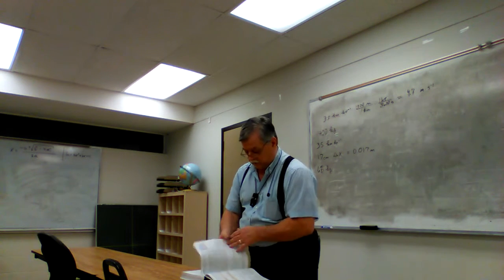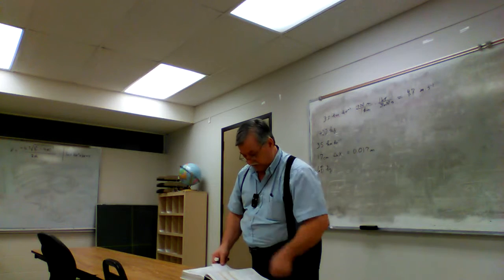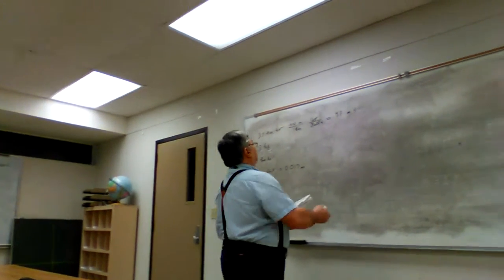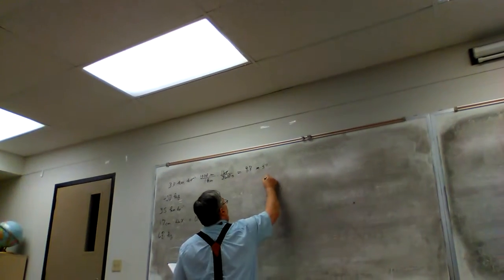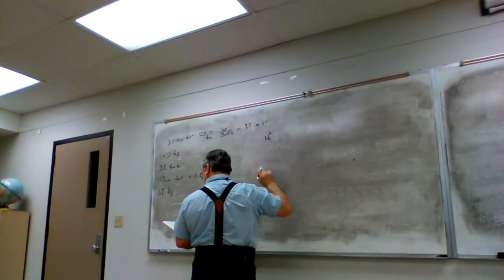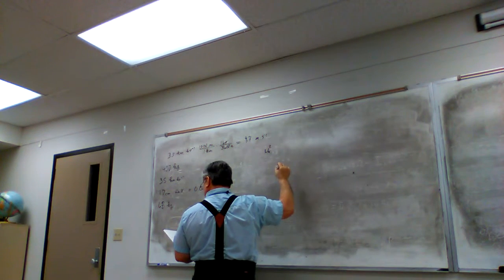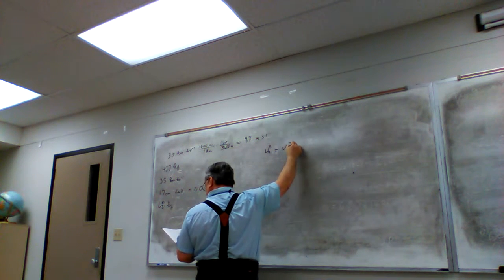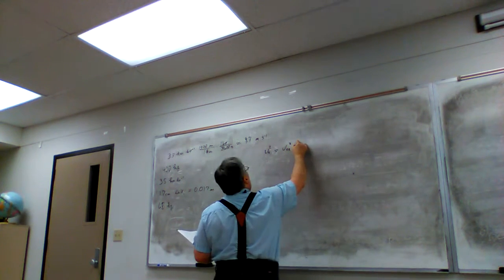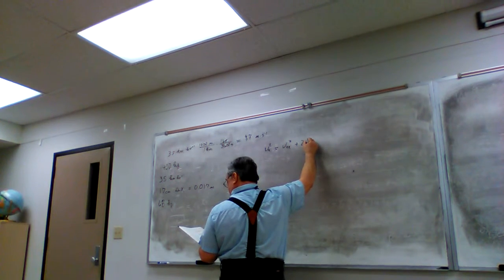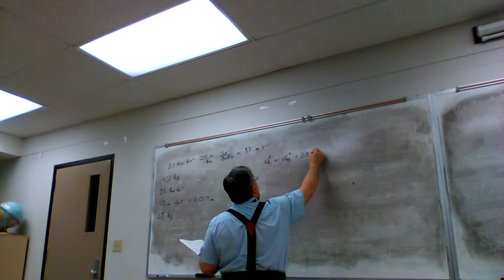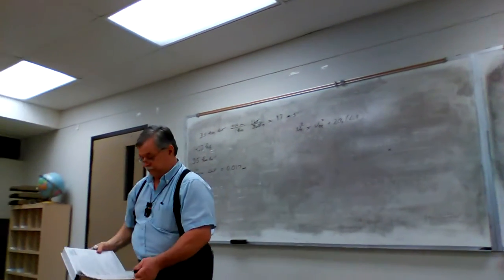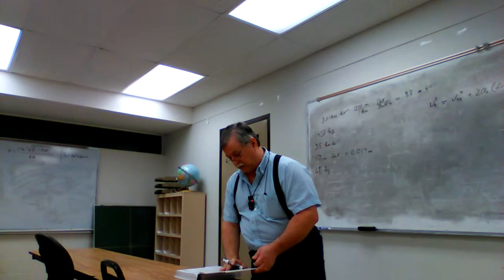Well, go back to our handy-dandy kinematic equations, and we've got v sub x squared is equal to v naught sub x squared plus 2 a sub x delta x, x minus x sub naught. Did I get that right?